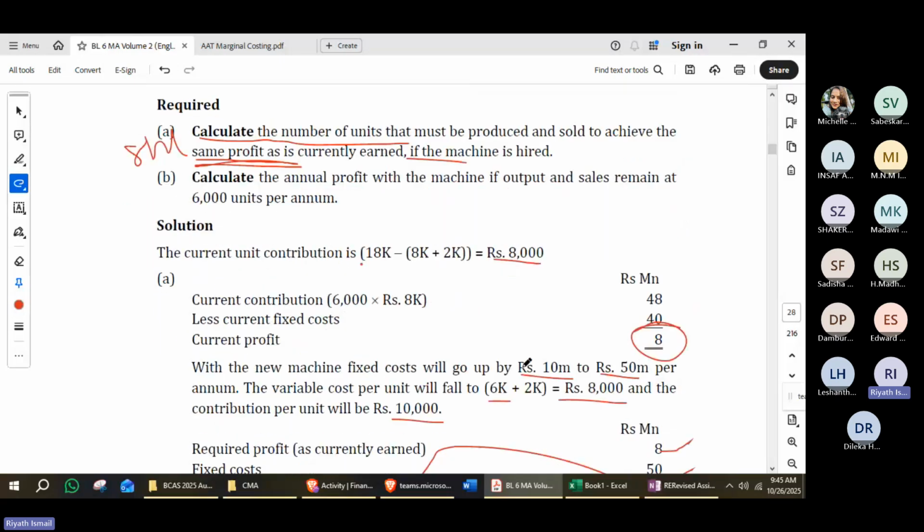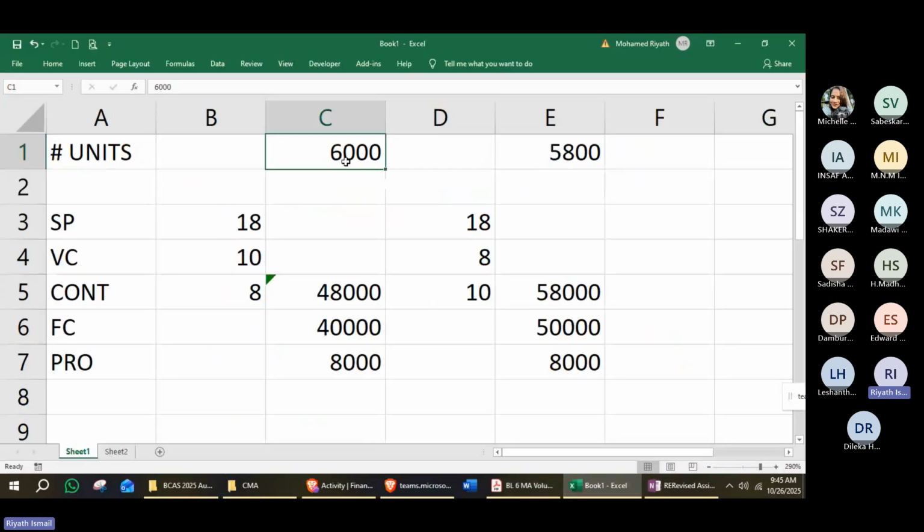Right. The next question. Calculate the annual profit with the machine if the output and sales remain at 6,000. Right, no changes in the sales. Assume that 6,000. What will happen? Now we have to change the variable cost to 8.